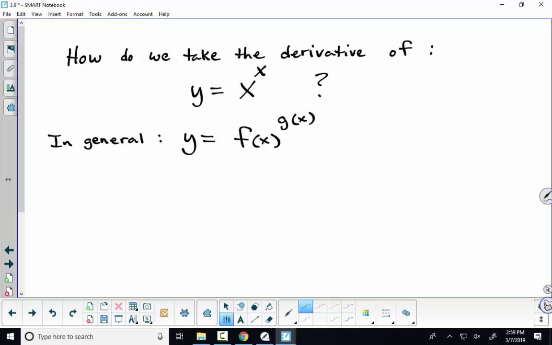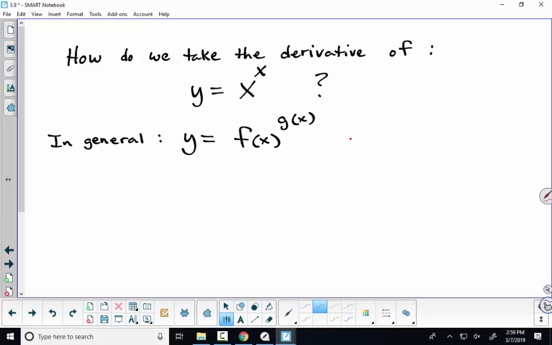One solution to take the derivative of something like that, just first please note that that's not a power function because it's not x raised to a number, nor is it exponential because it's not a number just raised to the x power. It's a variable raised to a variable, so it's not an exponential or a power function.